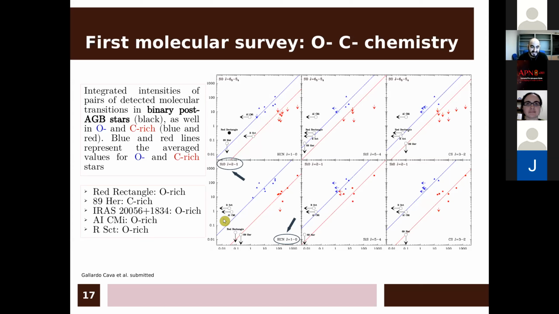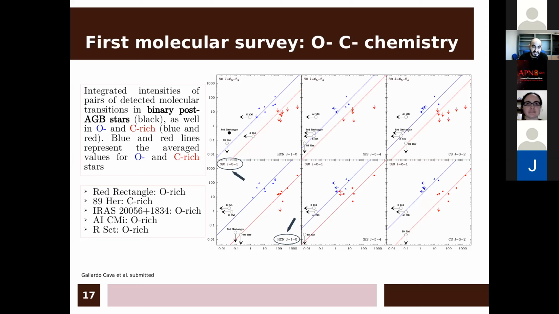In the case of 89 Hercules, it is very peculiar, because it reveals several lines of carbon-bearing molecules, but using analysis of, for example, nucleosynthesis, it reveals, I don't know the exact value, but it is not 100% compatible with a carbon-rich star.